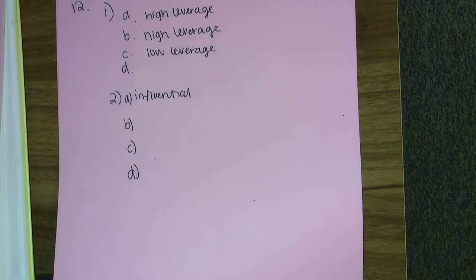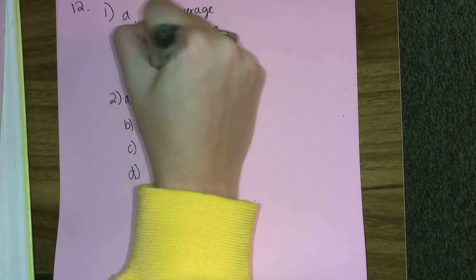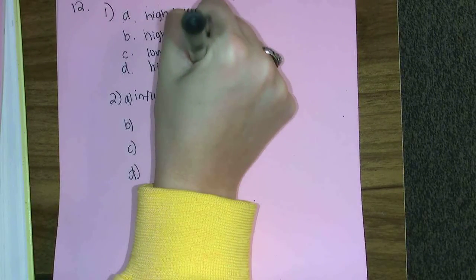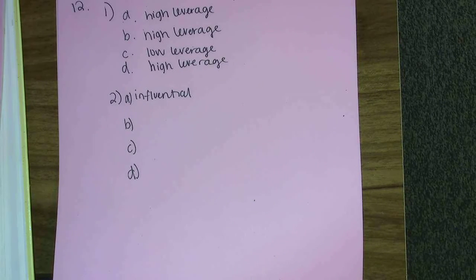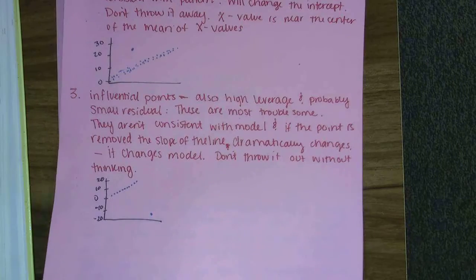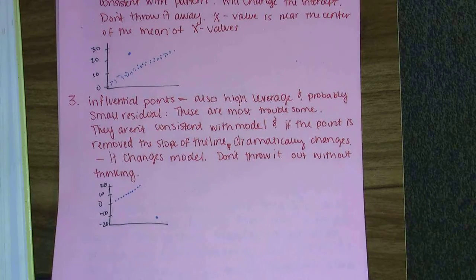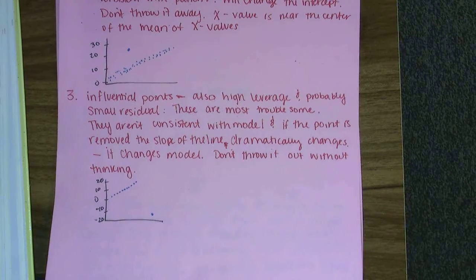So high leverage for that one. All right, so then part 2, do you think that the point is an influential point? Yeah, so influential. Okay, so it's also high leverage and probably a small residual.